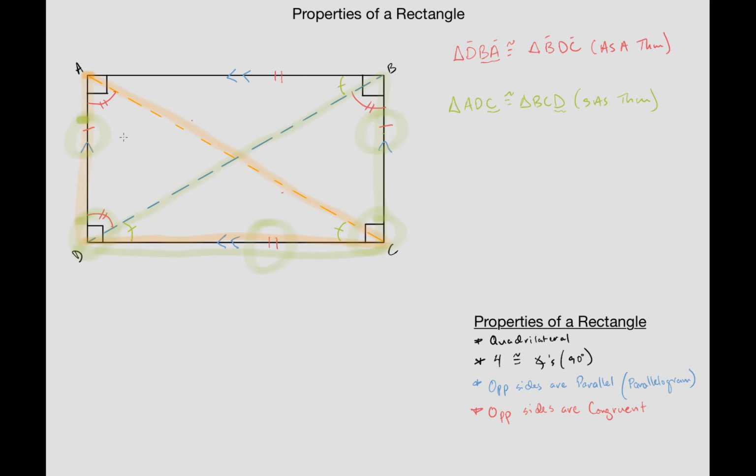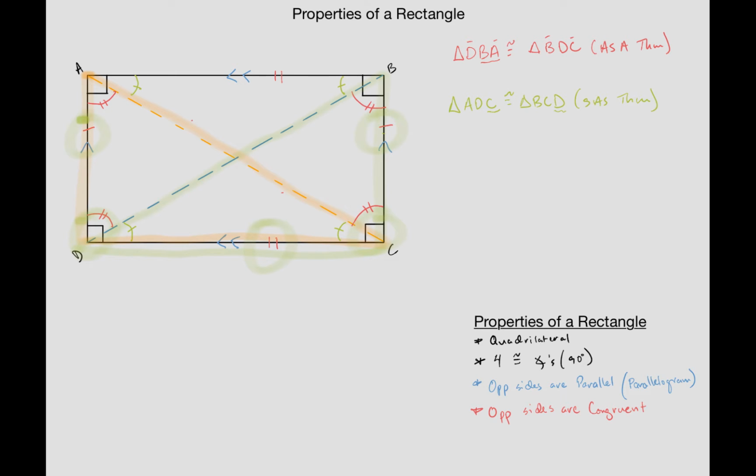Awesome. The really great thing about this is we could do the exact same thing with these other triangles here and here. By the same exact logic, I now know that this angle must be congruent to this angle, and that this angle here must be congruent to this angle.